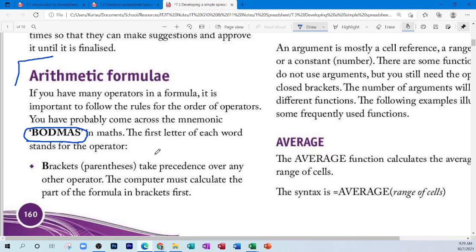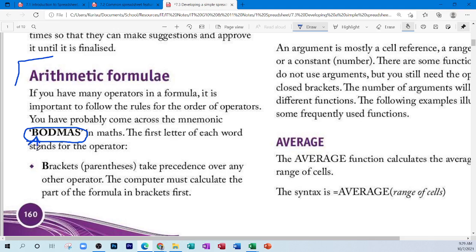Now, when you're creating your formula, it follows the rule of BODMAS because, as I mentioned already, you're basically creating an equation to do a calculation, and it's using the same operators. It's using division, multiplication, addition, and subtraction.